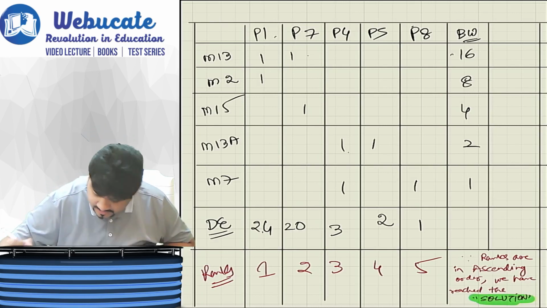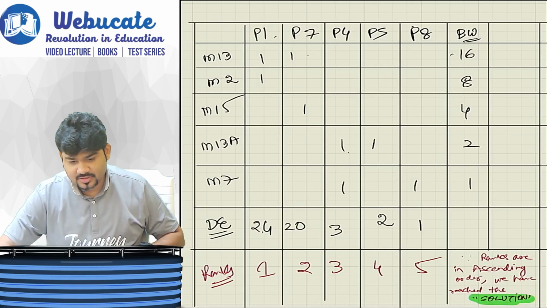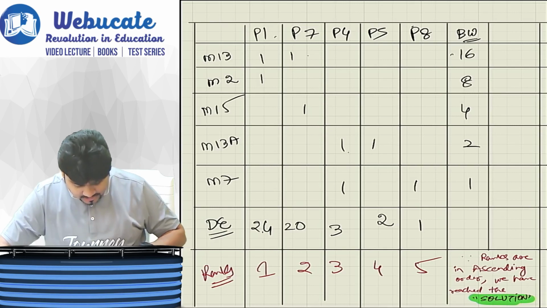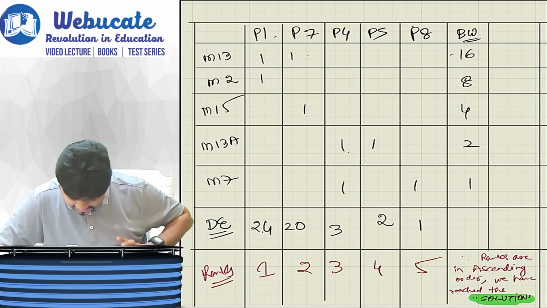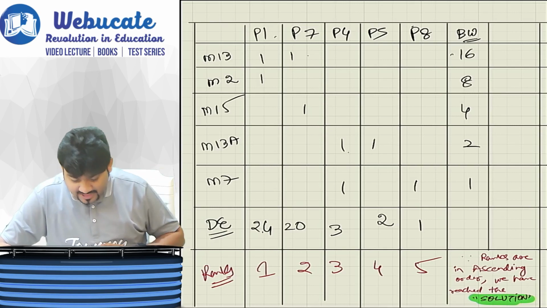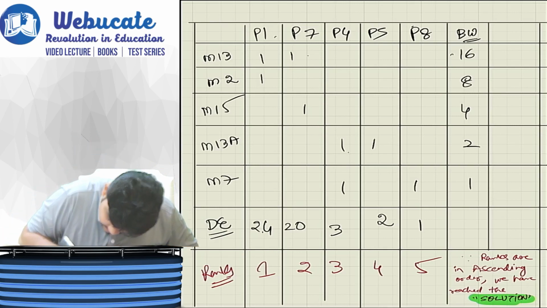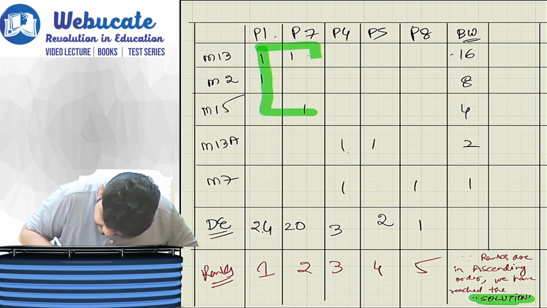Okay. Now, most important part, how do you allocate? See here. So now, as can be seen, we can make a cluster of M13. This can be one cluster.